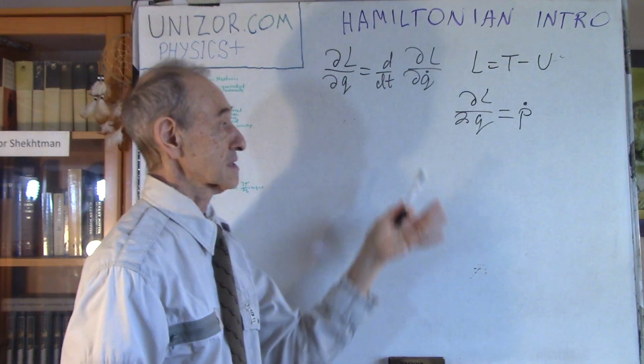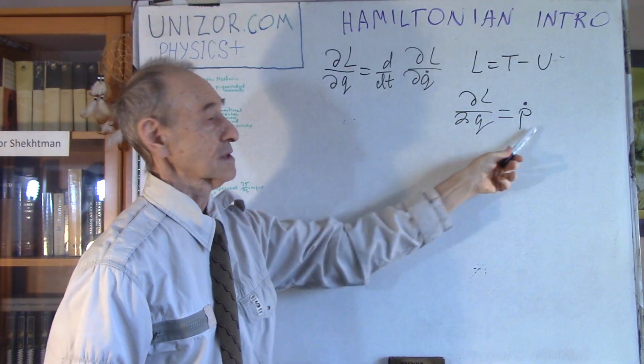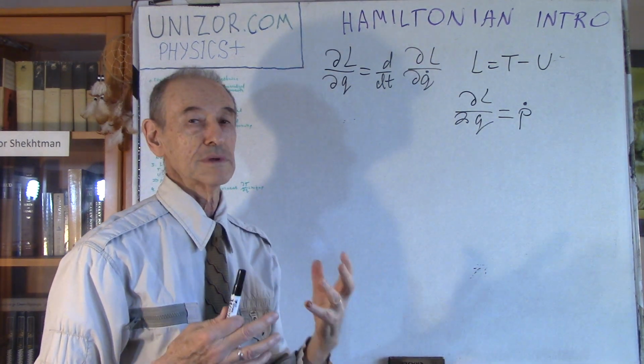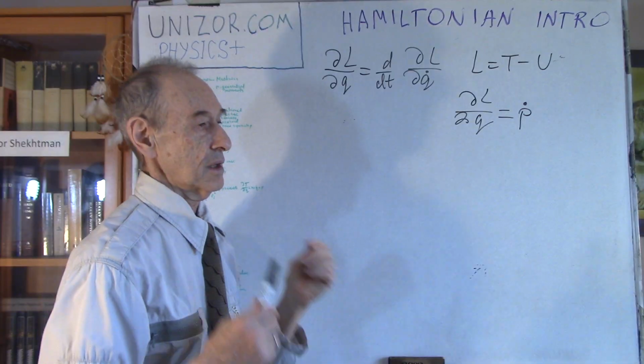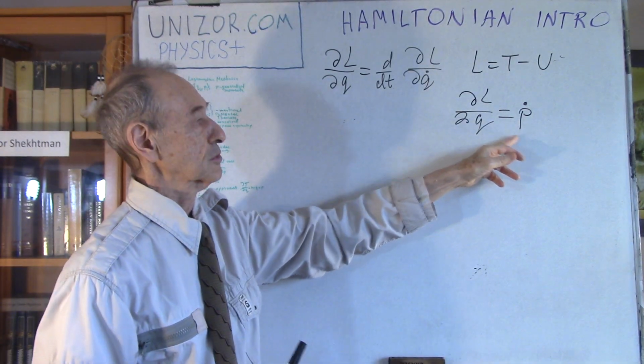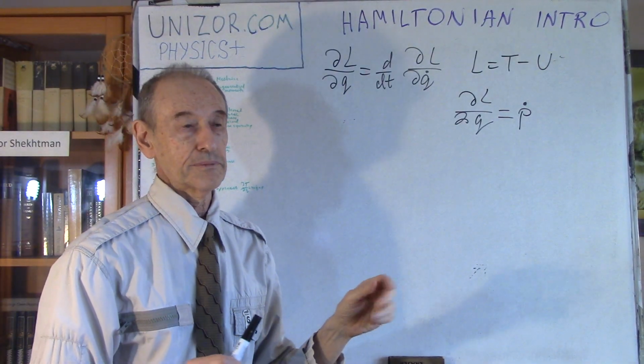If we want to consider this as this simple thing, we should consider them to be independent. So this is a very important moment. We are considering generalized momentum and generalized coordinates independently.